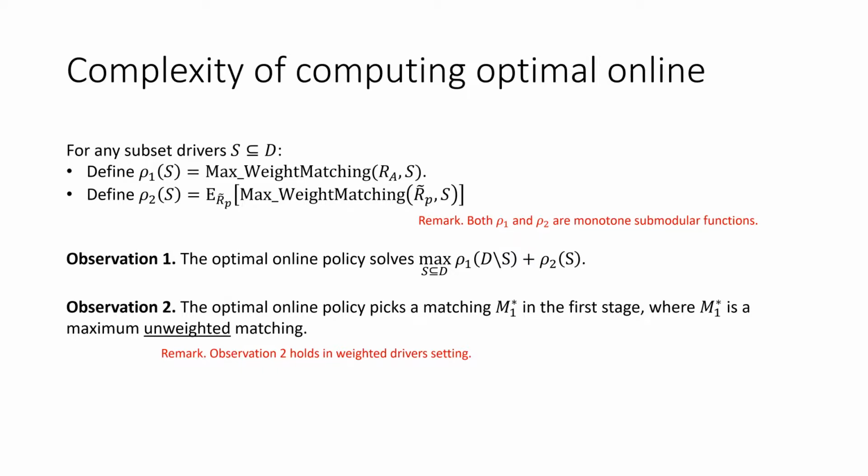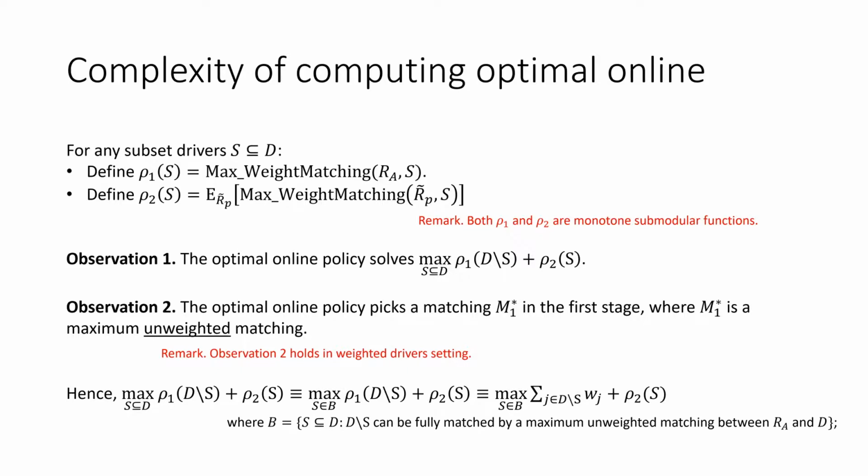Due to this observation, we can rewrite the optimization program that the optimal online policy solves. Previously, the optimal online policy needed to consider all possible partitions, all subsets of drivers S. But now we can restrict our attention to all subsets S within B. The set B is defined as follows.